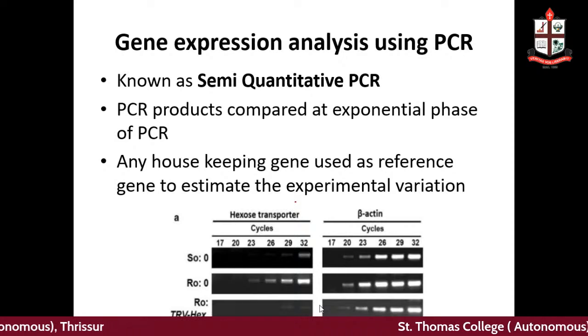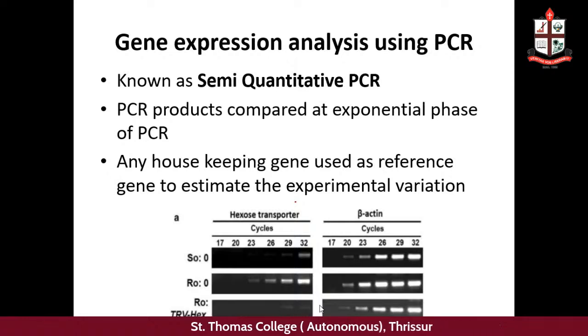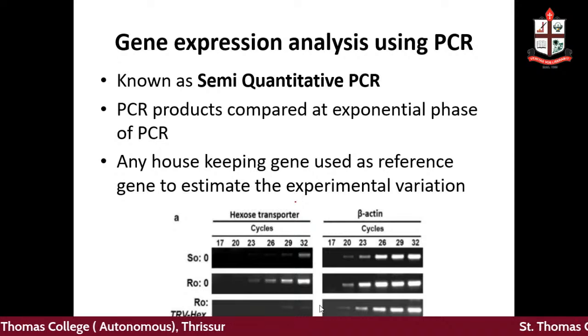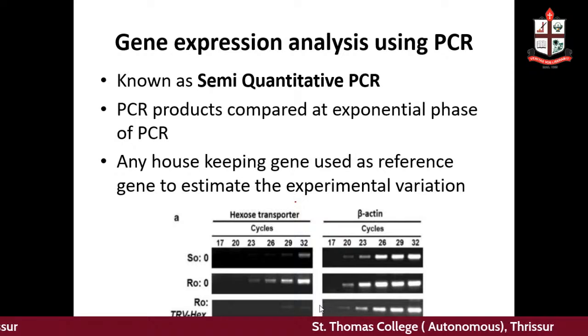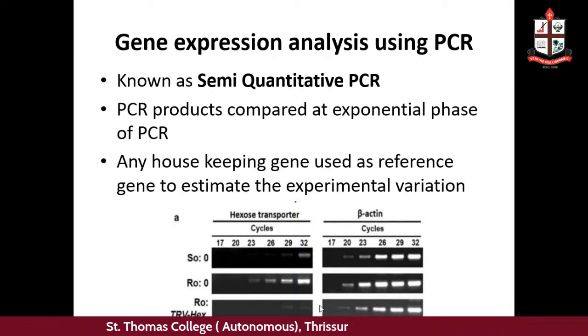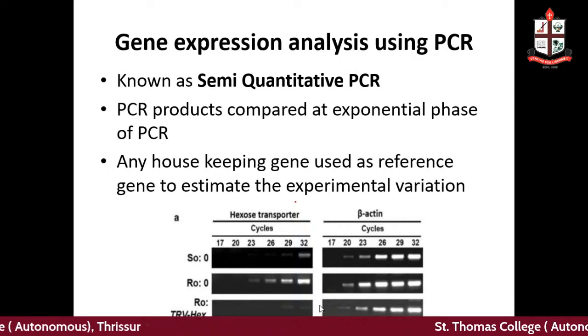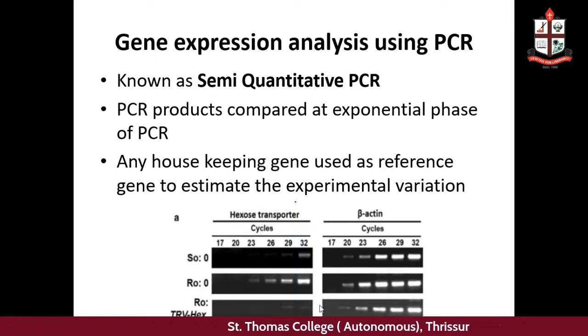The experiment involves different procedures like sample preparation, isolation of RNA, then quantification, then cDNA synthesis, and finally real-time PCR. In these different steps, human error can be introduced, pipetting errors will be there, and the enzyme efficiency may not be the same in different samples. All those can introduce errors.